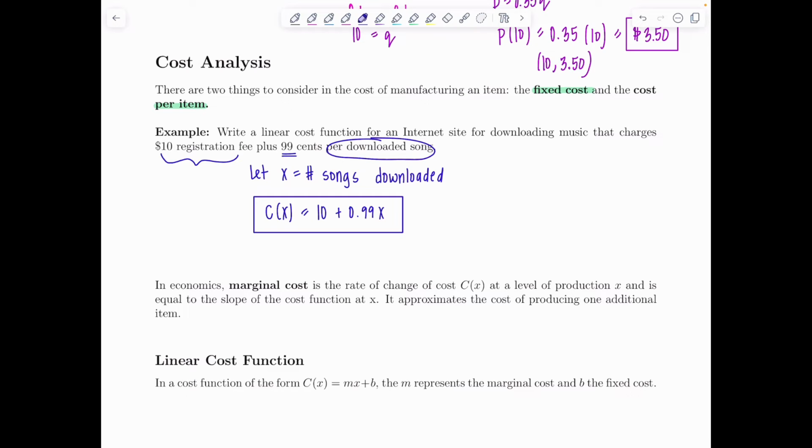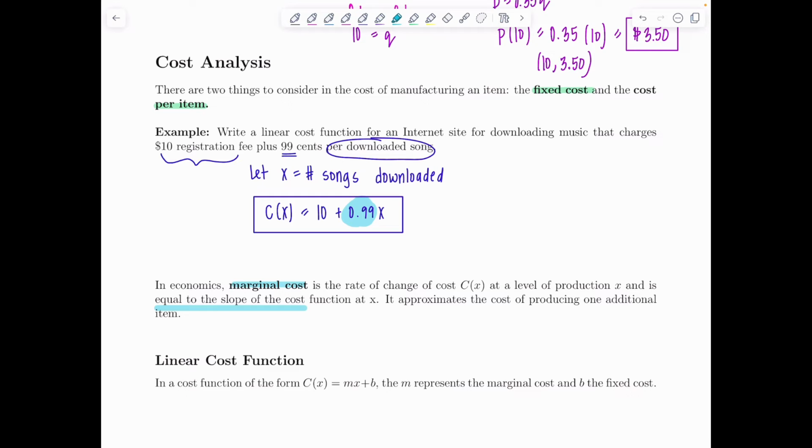Now, in economics, we talk about marginal cost a lot. Marginal cost is the rate of change of cost, C of X, at a level of production X. And it's equal to the slope of the cost function at X. So you could look back at this cost function we just wrote and tell me the marginal cost is 0.99, the slope. It approximates the cost of producing one additional item.